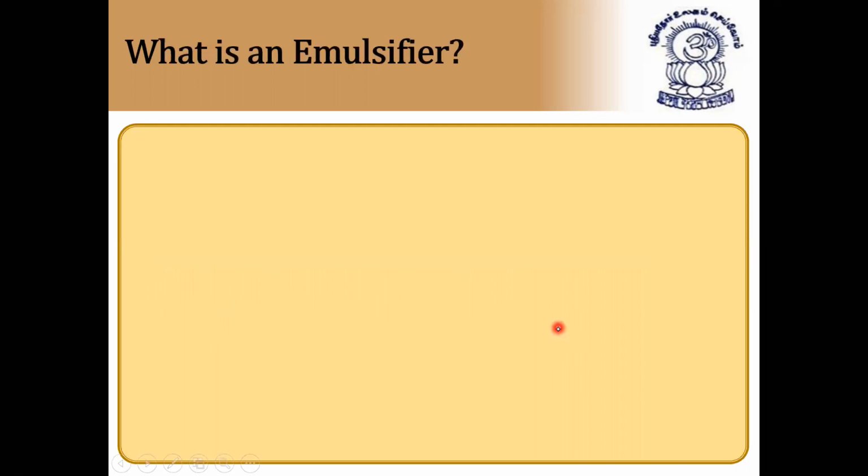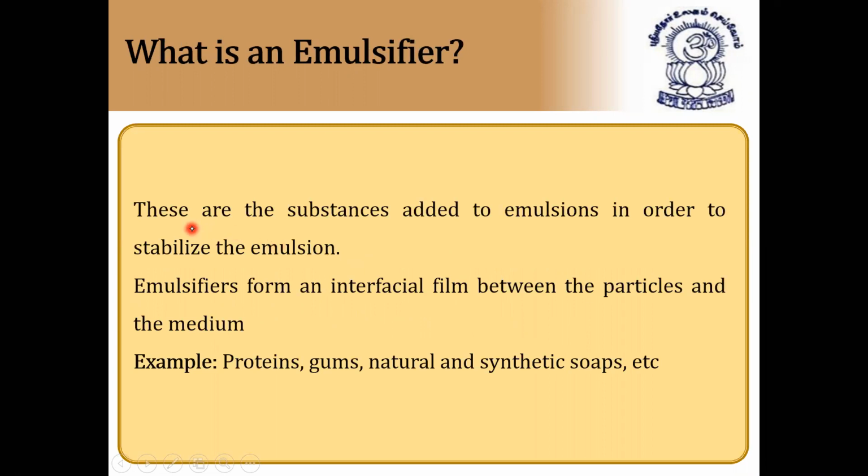Next, what are emulsifying agents? These are the substances added to emulsions in order to stabilize the emulsion. Emulsifying agents or emulsifiers form an interfacial film between the particles and the medium.